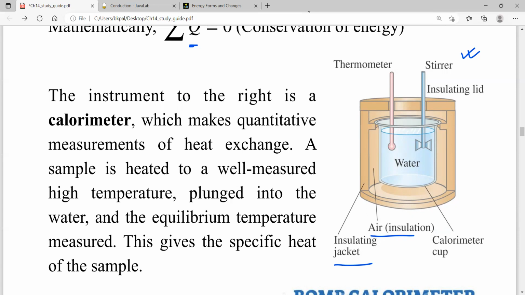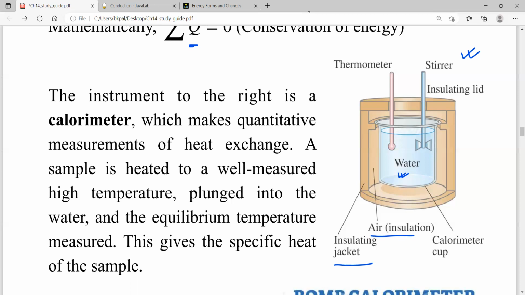Then this is the calorimeter cup, where the system is water, or let's say another sample. The thermometer is to measure the temperature, and a stirrer stirs the water for uniform distribution.